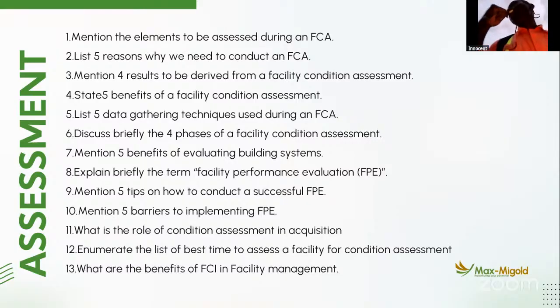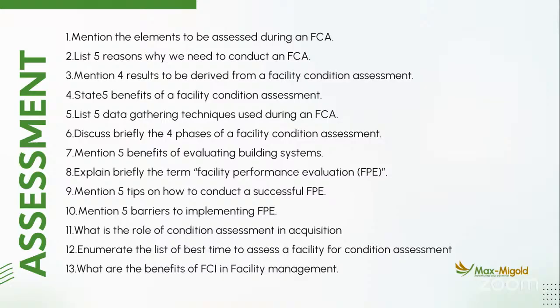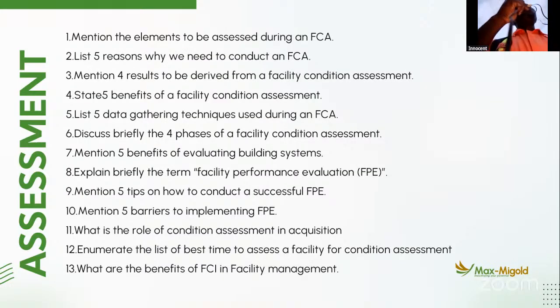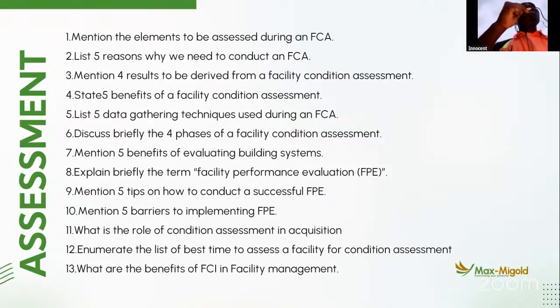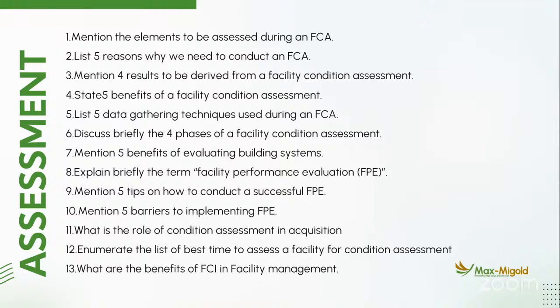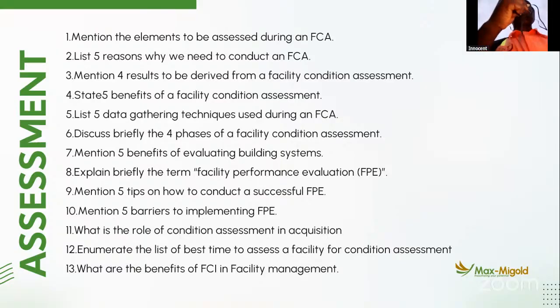Okay, I have 2 questions to ask. The first one is, I can remember vividly when we were doing asset management, on the asset register, we carried out some dimensional checks on some assets.